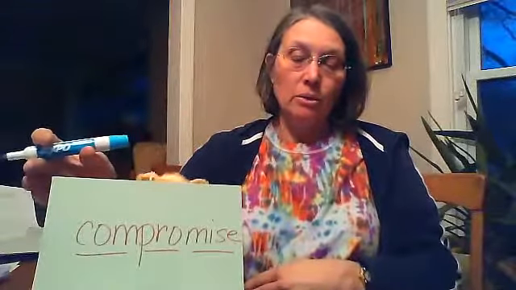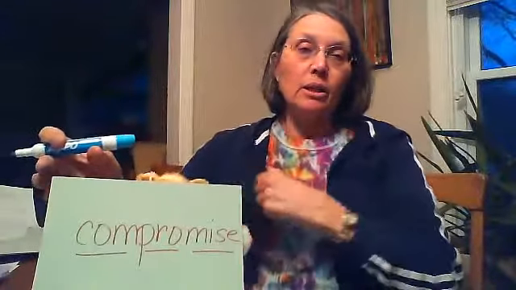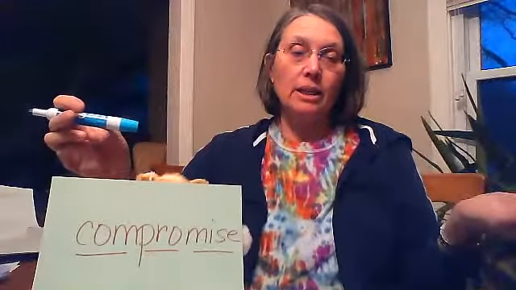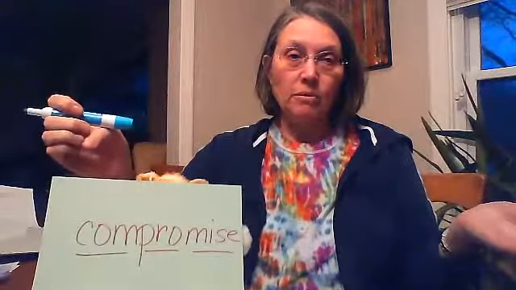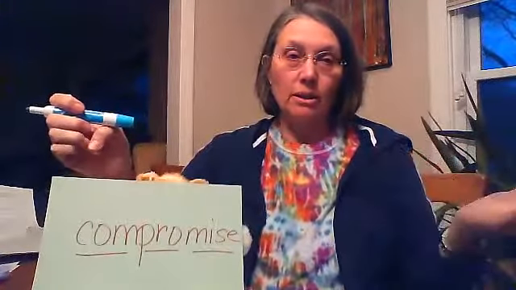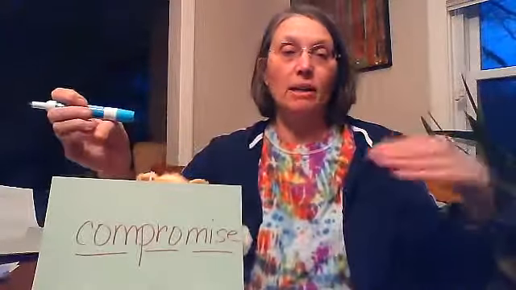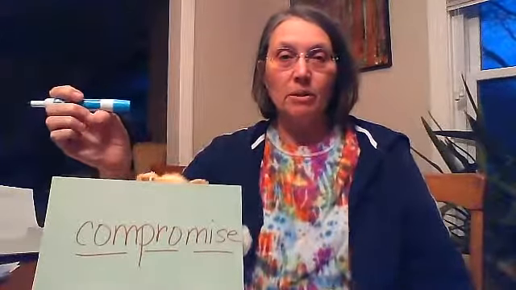Okay. So let's say I wanted to meet a friend at a park, and we decided that the compromise would be for both of us to walk there instead of one person going to get the other, then going back to the park that's halfway between us. That's kind of a location example of compromise.